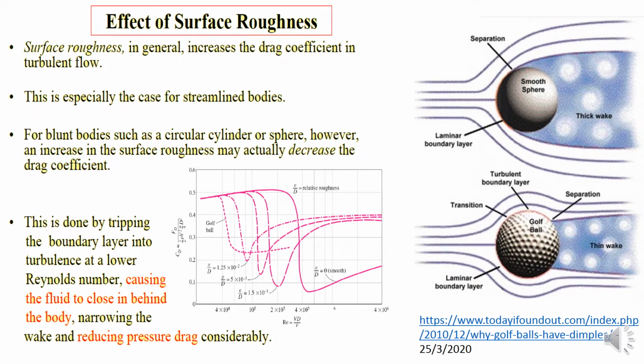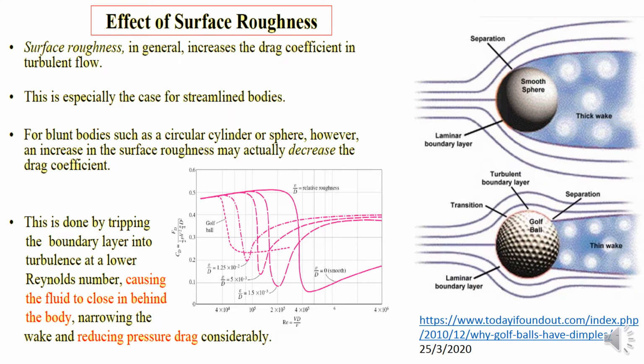So this phenomenon can be explained, as noted here, by tripping the boundary layer into turbulence at a lower Reynolds number, causing the fluid to close in behind the body, narrowing the wake and reducing pressure drag considerably.